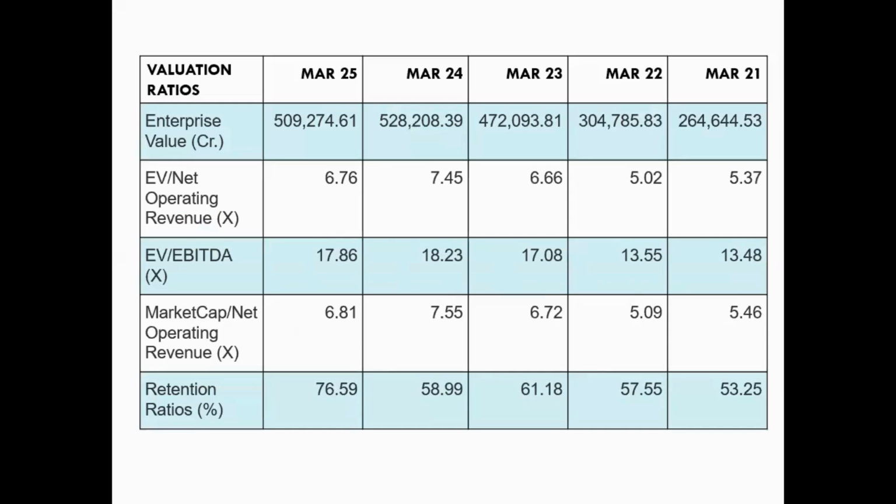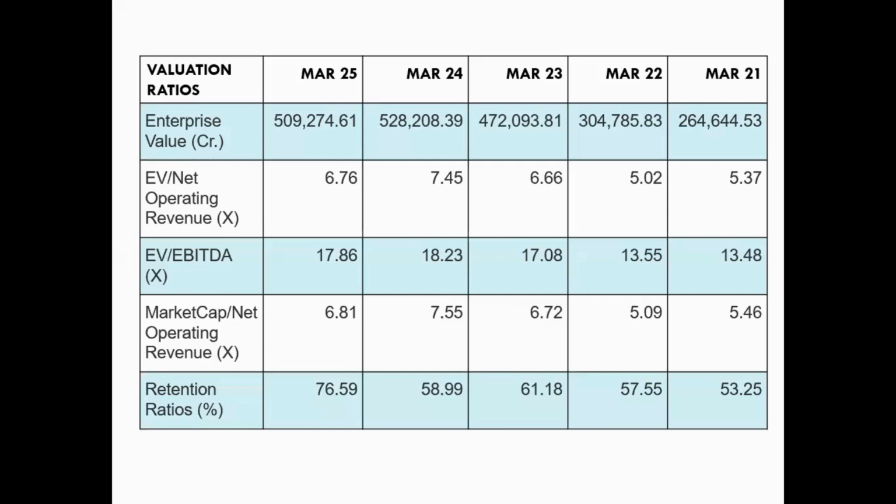Valuation ratio. Enterprise values are here. EV by net operating revenue is 6.67, 7.45, 6.66, 5.02, and 5.37. EV by EBITDA is 17.86, 18.32, 17.08, 13.55, and 13.48.